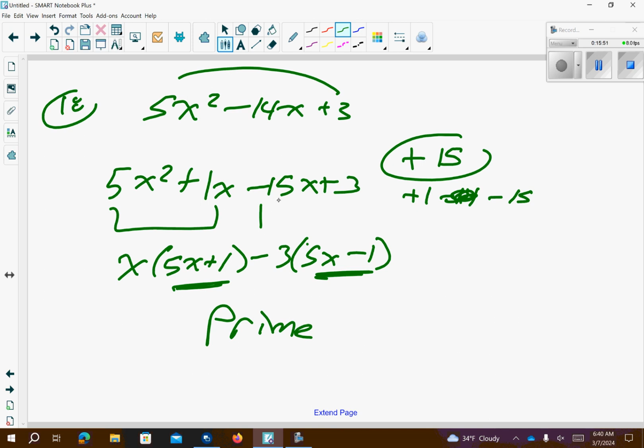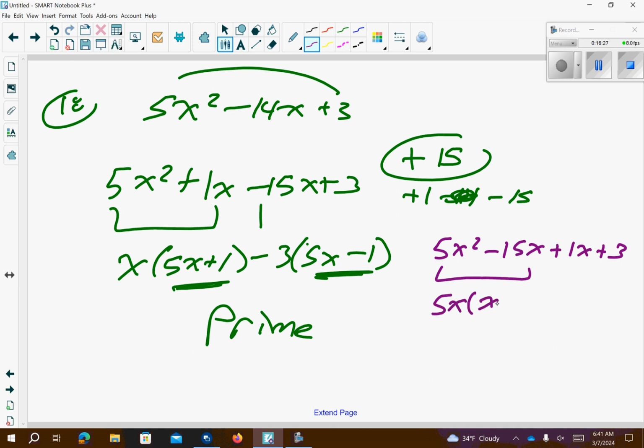Let's see, negative 15x plus 3, factor in negative 3, 5x minus 1. Why did this one not work? Let me try it one more time over here. So negative 15 and positive 1, so I have 5x squared minus 15x, let's just change the order of this, plus 1x plus 3. Let's factor a 5x out.